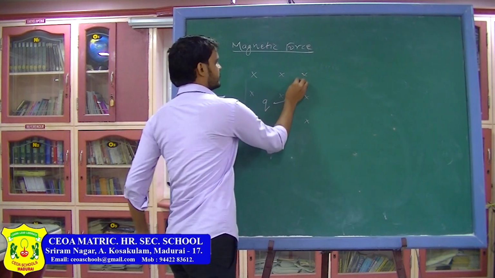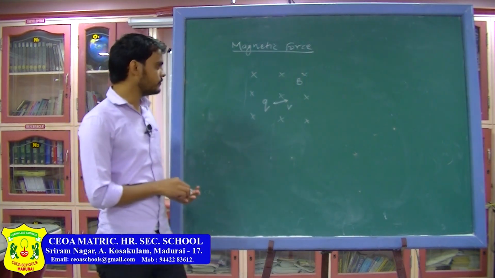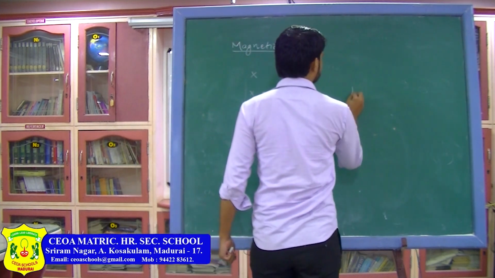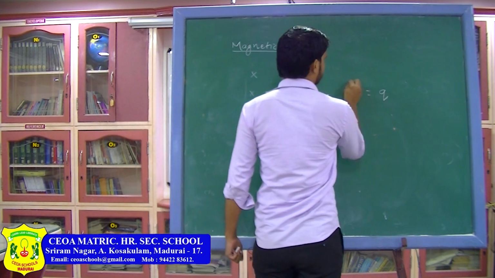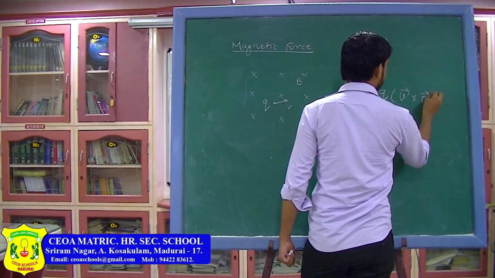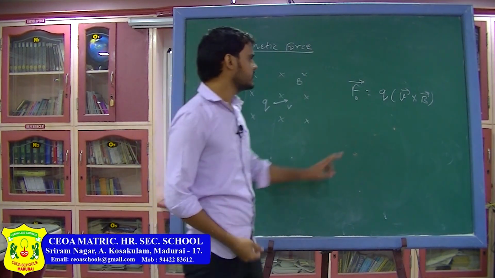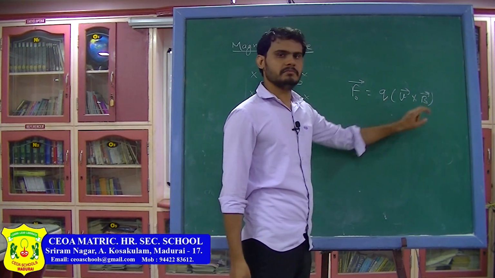The magnetic field magnitude is B, the velocity magnitude is v and the charge is q. Now the force on this charge is given as q v cross B. So this is the magnetic force. Fb, the magnetic force on a charge q, is equal to q (v cross B).